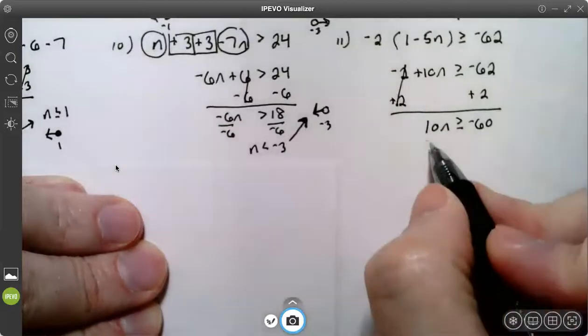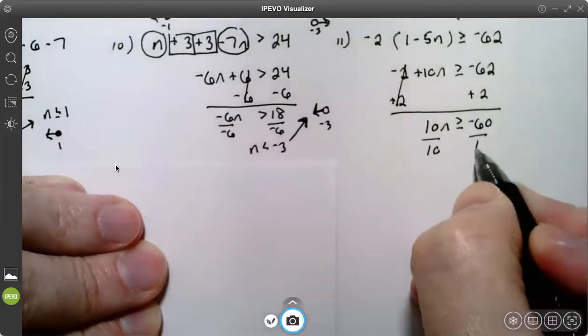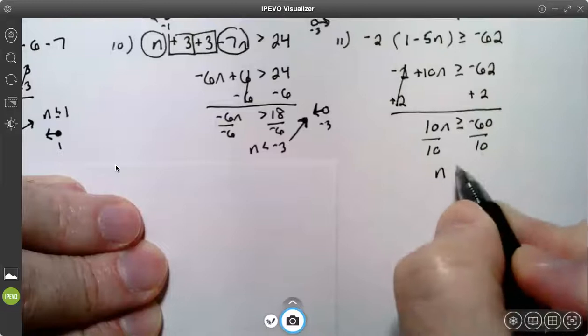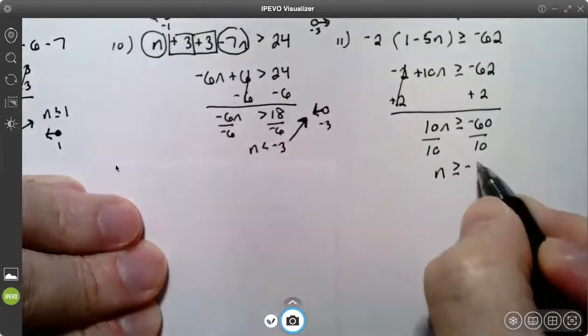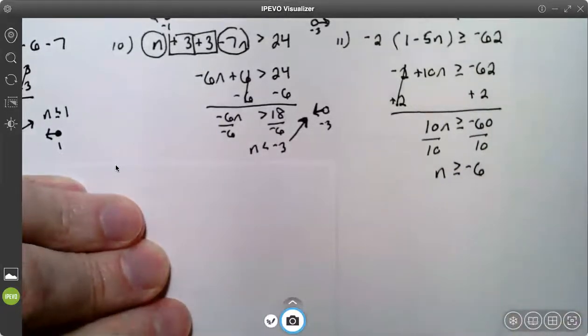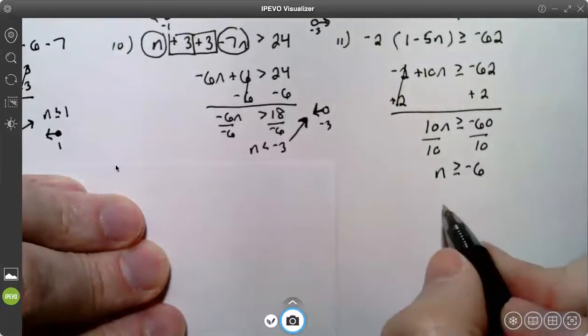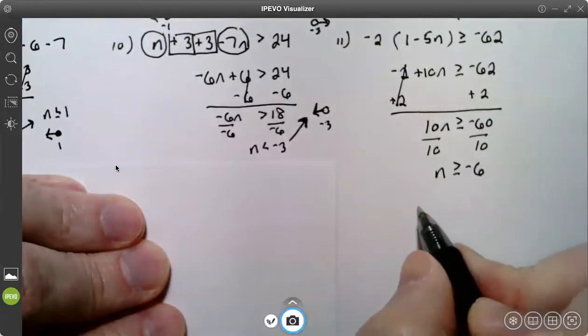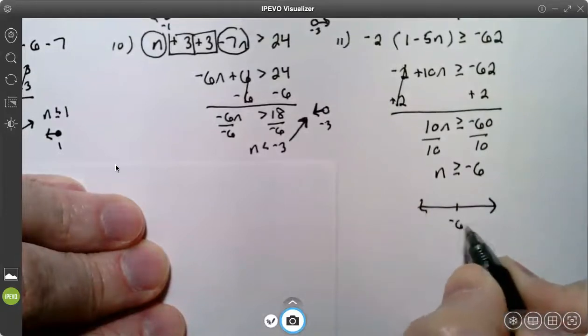Now, to get rid of times 10, I divide both sides by 10. At no point did I multiply or divide both sides by a negative, so at no point did I flip the sign. And I'm going to do a better graph this time, just to help us remember how to do it.